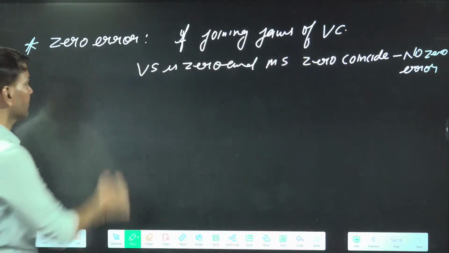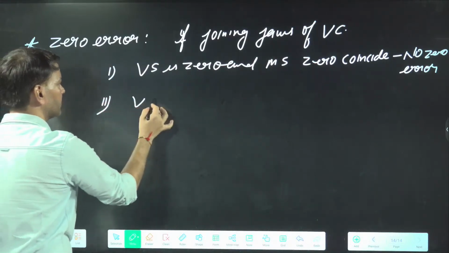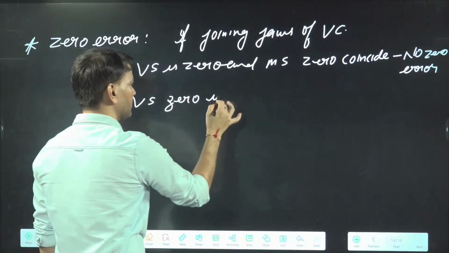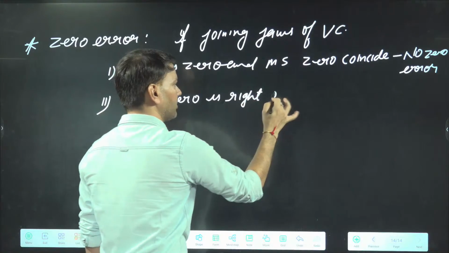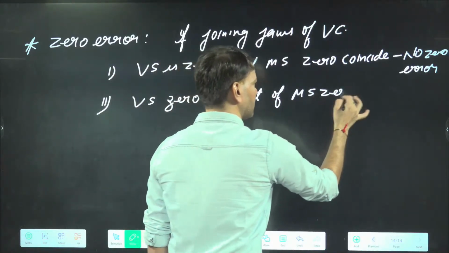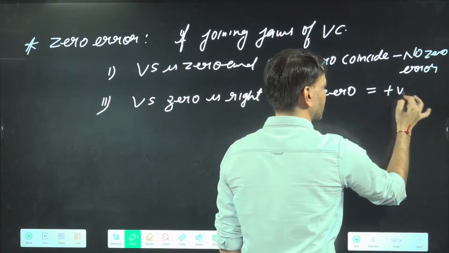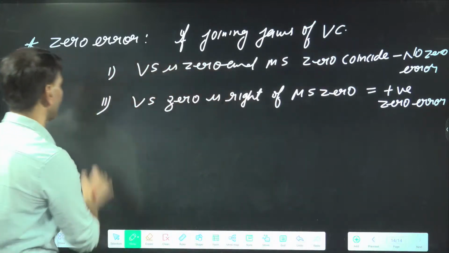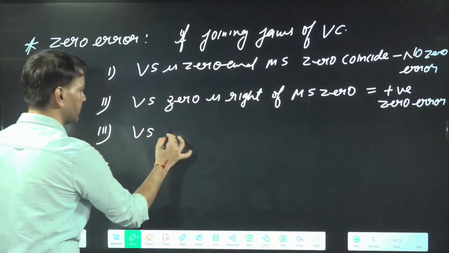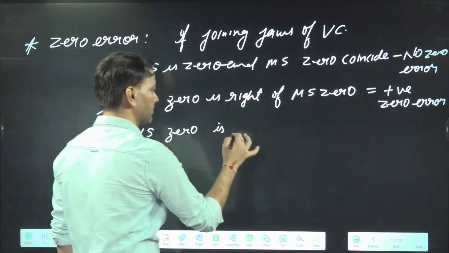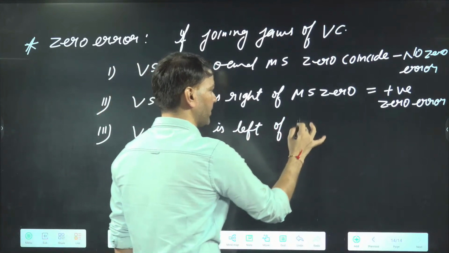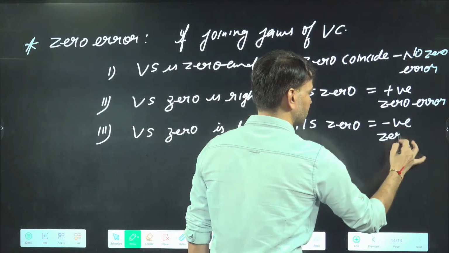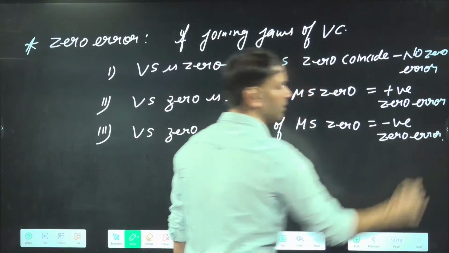If the vernier scale zero is to the right of the main scale zero, then positive zero error. The third one: the vernier scale zero is to the left of the main scale zero, then negative zero error.